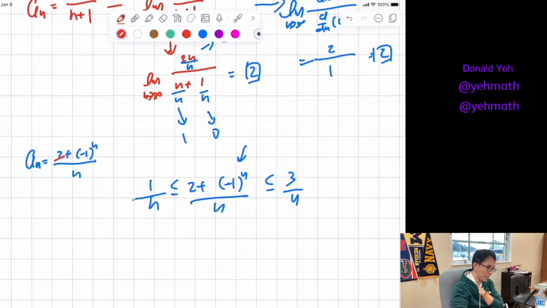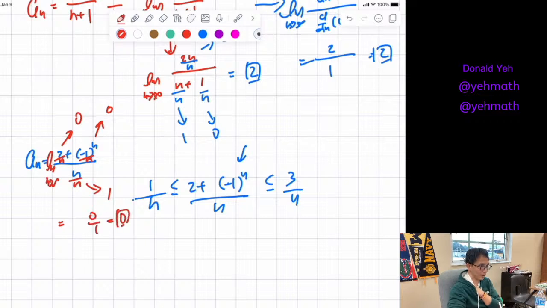No, you just divide everything by n. What will happen? When the limit as n approaches infinity, this is 0. This is negative 1 over n, 0. And this is 1. So 0 over 1 is still equal to 0. So this is the sequence.